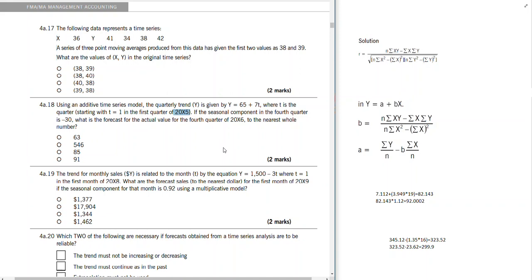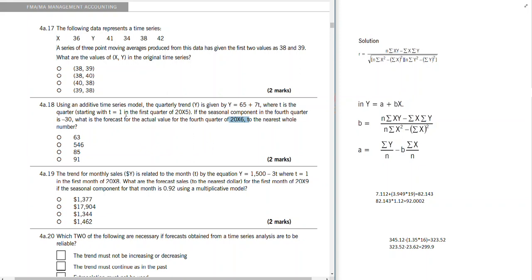If seasonal component in fourth quarter is minus 30, what is the forecast for actual value for fourth quarter of 2016? First quarter of 2015 is given, and we are estimating fourth quarter of 2016. So that will become 8 quarters.